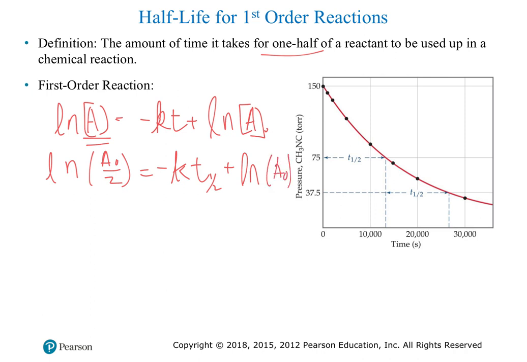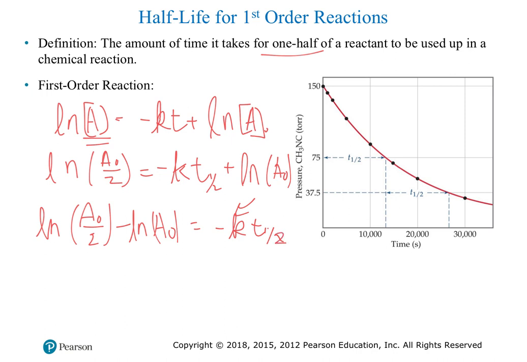Then we can move this whole thing over, and we get ln of A naught over 2 minus ln of A naught equals negative k t1 half. I'm getting real funky with my k's. I don't know why I'm doing cursive k's, but bear with me.